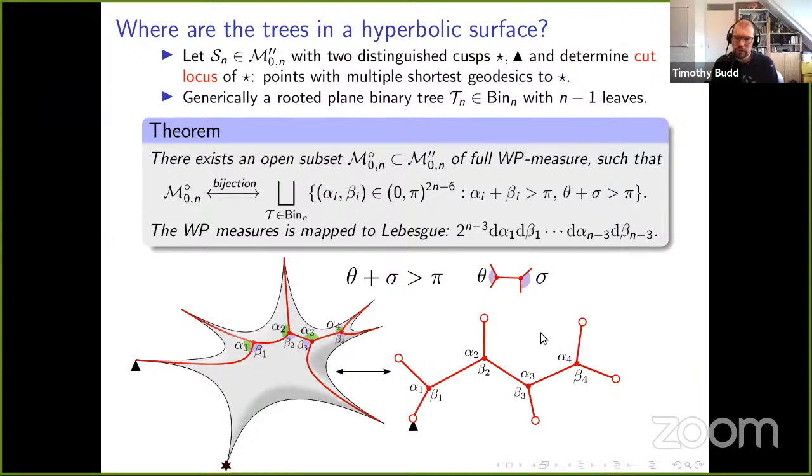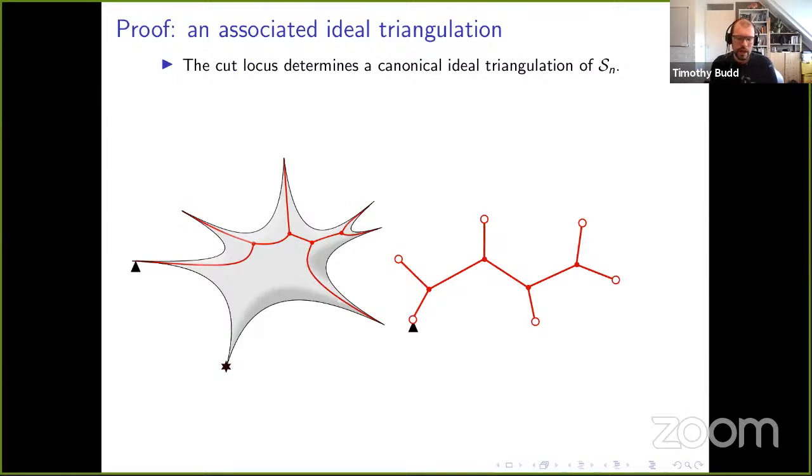So let me give you some intuition for why this theorem holds. The idea is that when we have the cut locus, we can look at a dual triangulation of the surface. In what sense? Well, for every edge of the tree, so for every segment here in the cut locus, we can look at the dual geodesic.